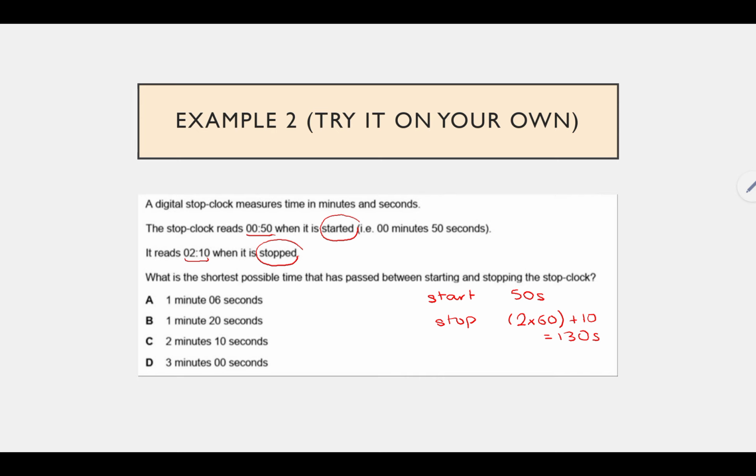So the difference, we said we'll always do the end minus the start. So 130 minus 50 is equal to how many? It's equal to 80 seconds. And if we translate 80 seconds, that's equal to what? 1 minute and 20 seconds. So my answer is going to be B.